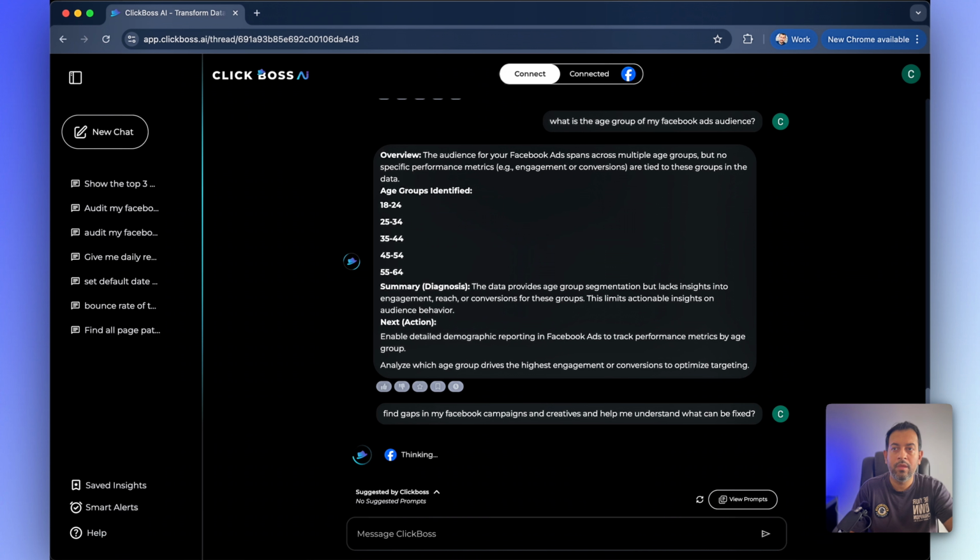I want ClickBoss to scan everything on my Facebook ads account, and then let's see what information I can get out of it.